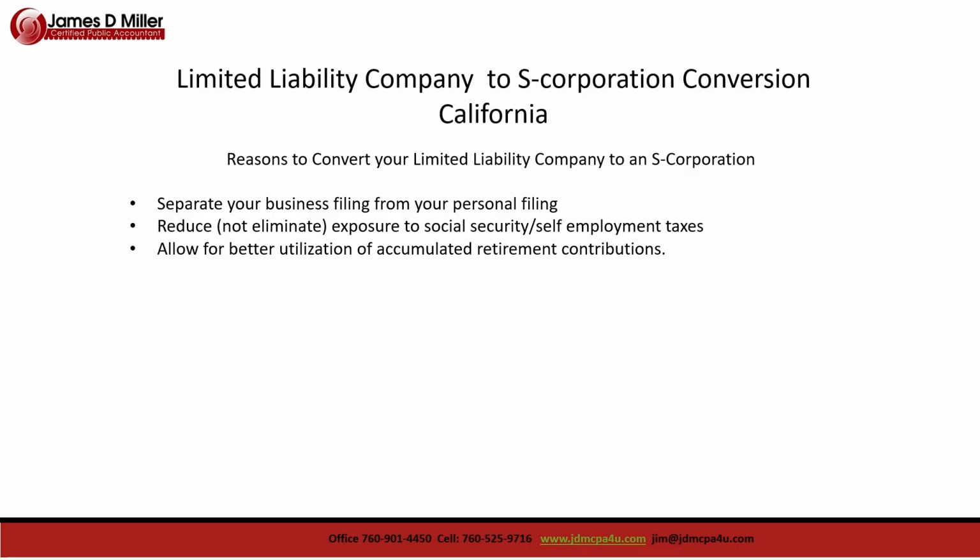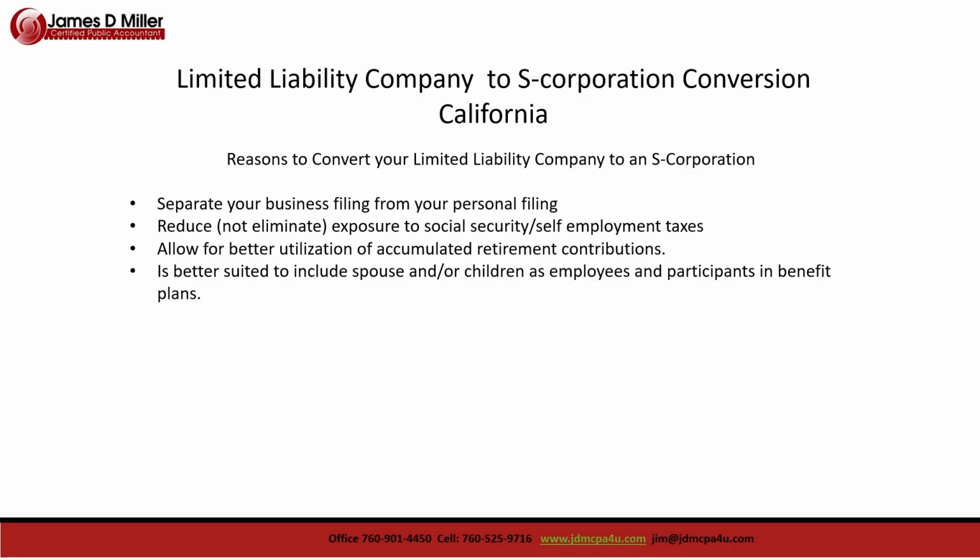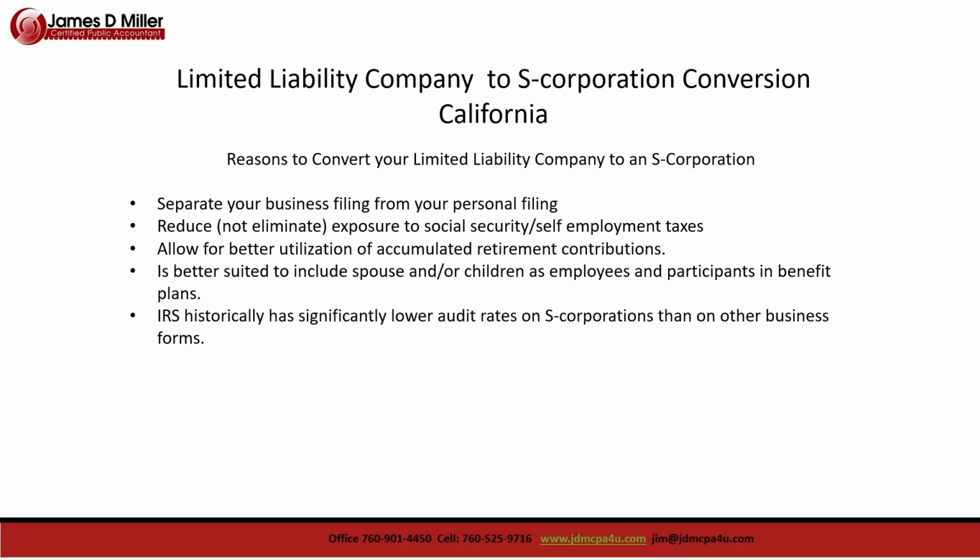Retirement planning, aggregation of your assets under a plan that you control, is much better under an S corporation. It is far better suited to include a spouse as both an owner and an employee. It's also a better target if you were to have children as your employees. And then finally, the IRS historically has significantly lower audit rates for S corporations than they do for other business types.